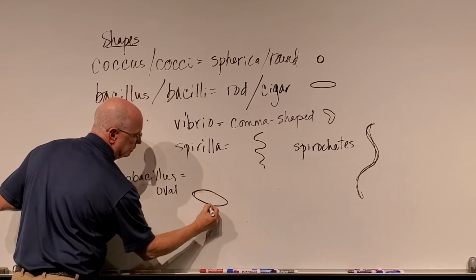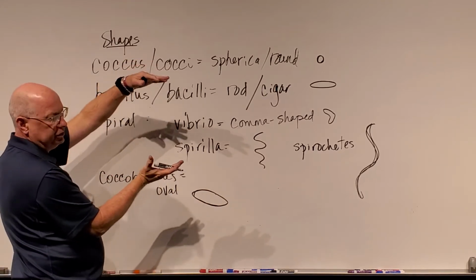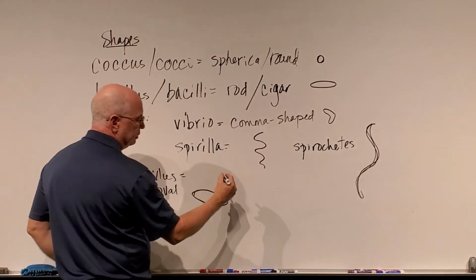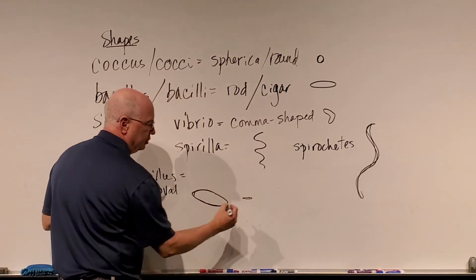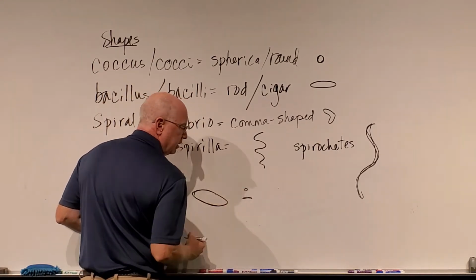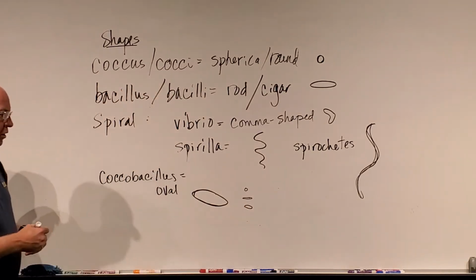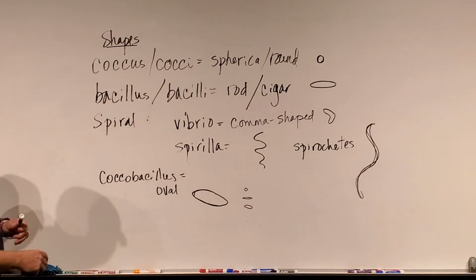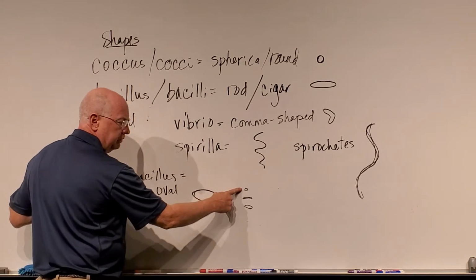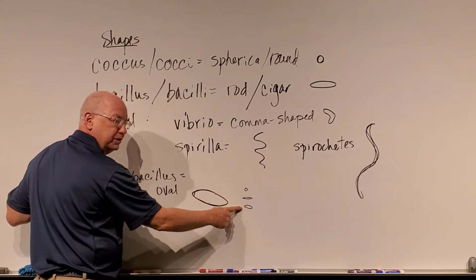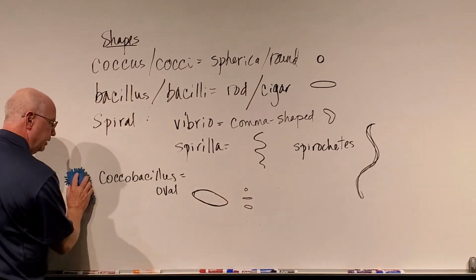They're kind of like somewhat round, like someone took a bacillus and started to smash it, but they're not quite the same shape as a little cigar. So we can have cocci, we can have bacilli, and then we can have coccobacillus, which would all be different. Cocci, bacillus, coccobacillus, kind of a fusion of the two.